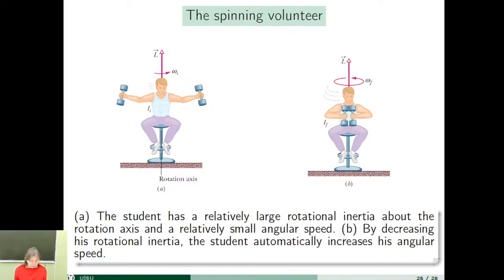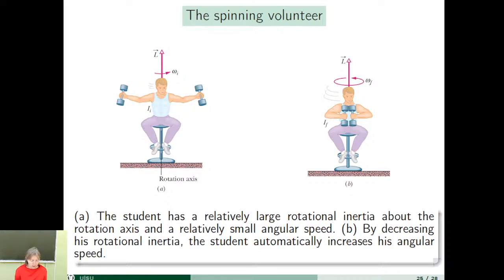His angular momentum vector L, look here, it's L and the initial angular velocity. L lies along the vertical rotation axis, pointing upward.